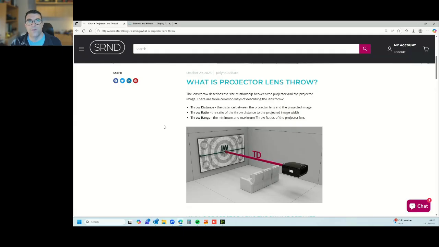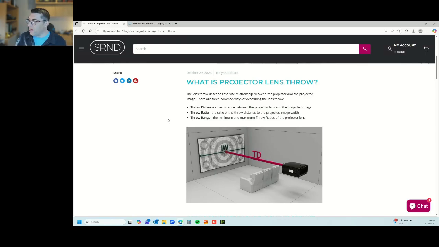In a projection system, one of its big advantages is that it's totally flexible, but also one of its big disadvantages is that it's totally flexible. So you can't say, oh, you need to put the projector 3 meters from the screen, because of course it all depends on the relationship between the screen size and the lens that you've got inside the projector itself.